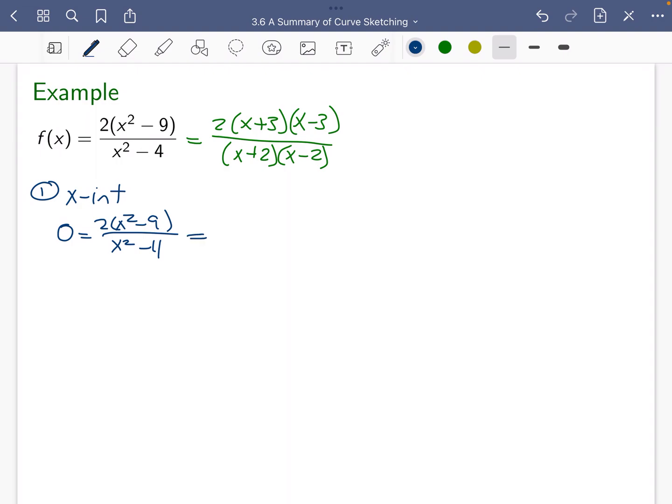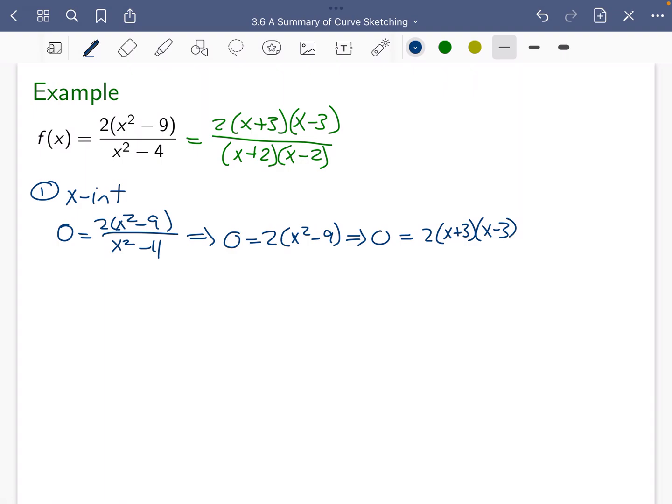And so that would tell us that that top part, 0 is equal to 2 times x squared minus 9, which we saw up above that factored. So 0 is equal to 2 times x plus 3 times x minus 3.